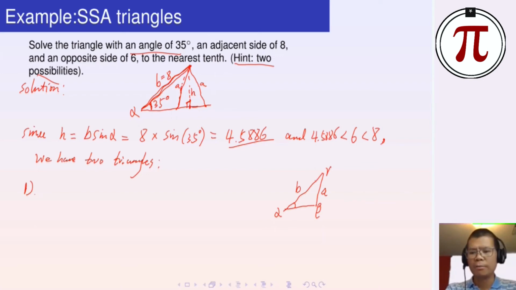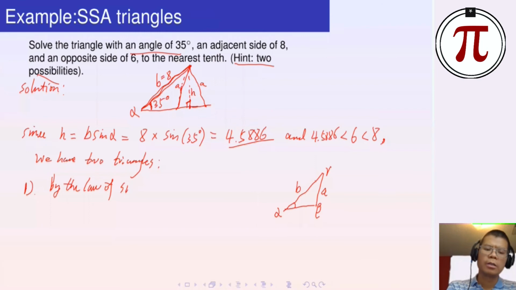So what do we have? We will have the law of sines. By the law of sines, we have A is 6, so 6 over sine alpha.